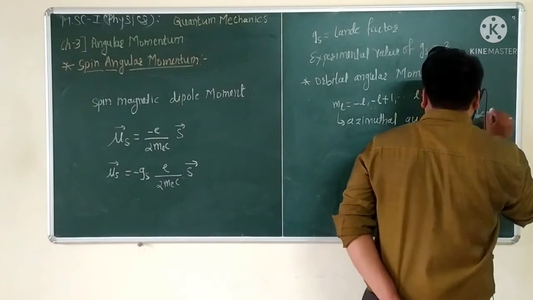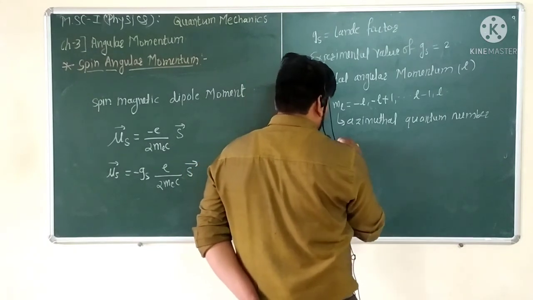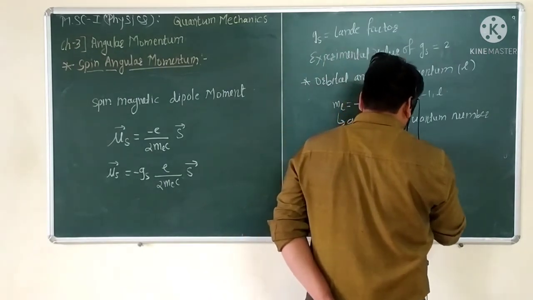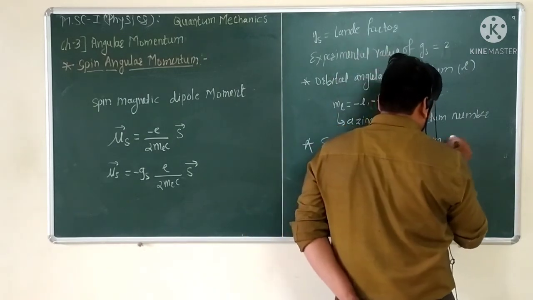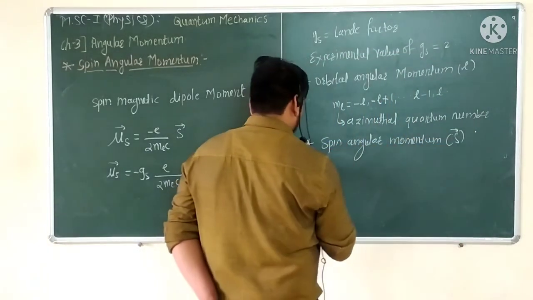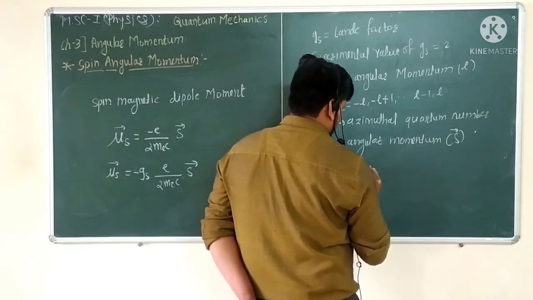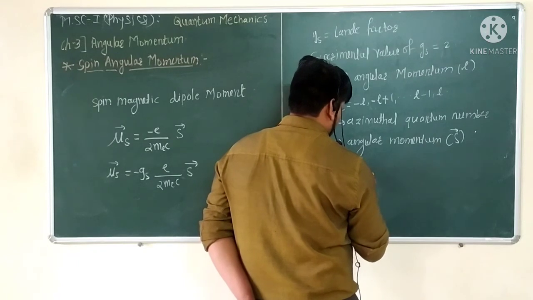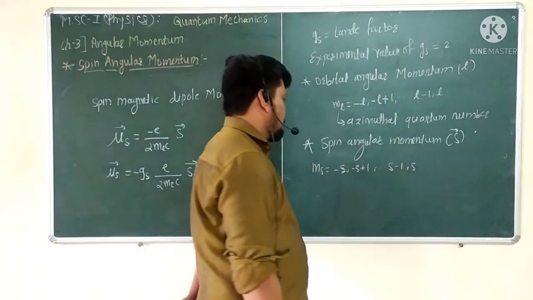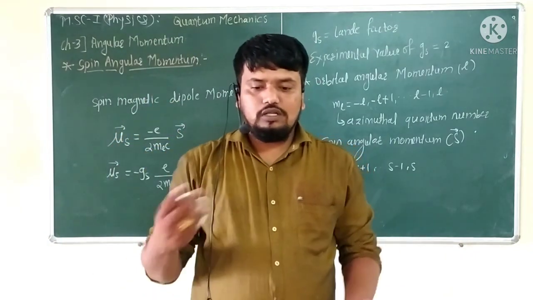Okay, and next is the spin angular momentum, denoted by the capital S. The ms value, the azimuthal spin quantum number, runs from minus S, minus S plus 1, up to S minus 1 and S. So this is the value of the spin azimuthal quantum number, and then the total angular momentum.